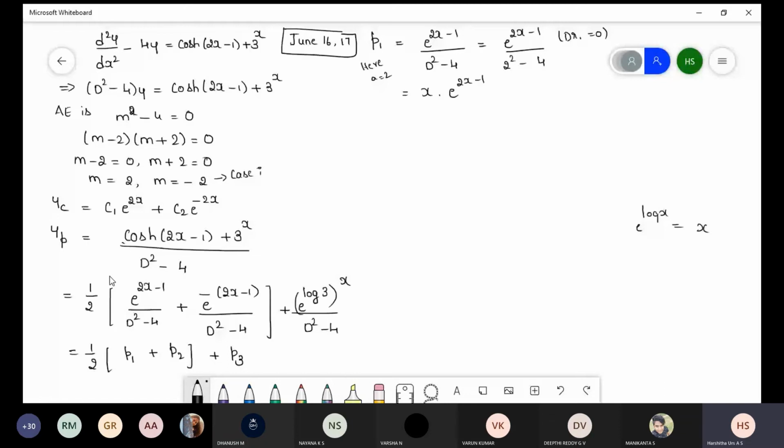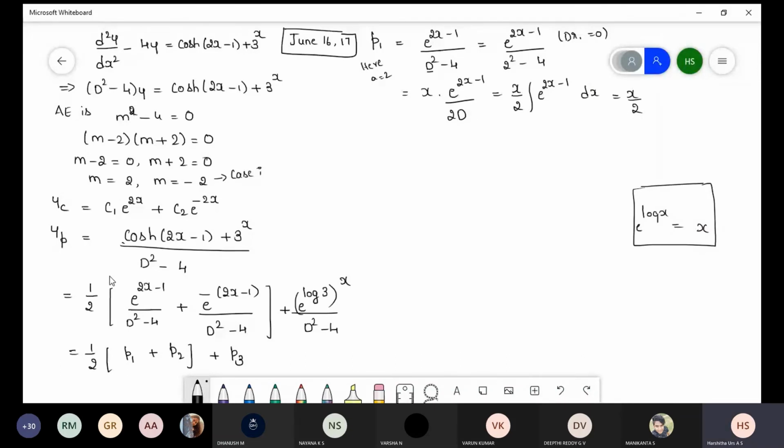D² means 2D. Again I write x by 2 outside. So 1 by D, the reciprocal of differentiation, is integration. So I write the integration of e^(2x−1) dx. So here I write x by 2.